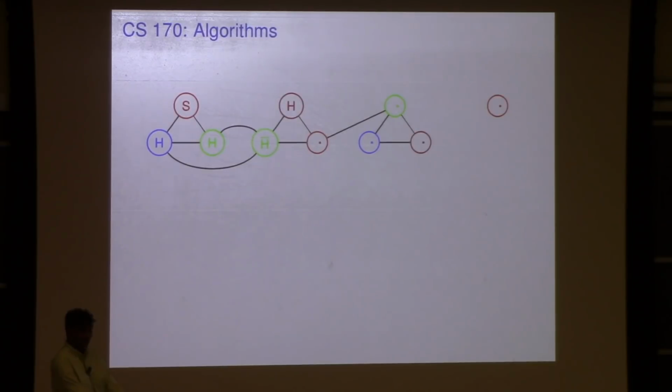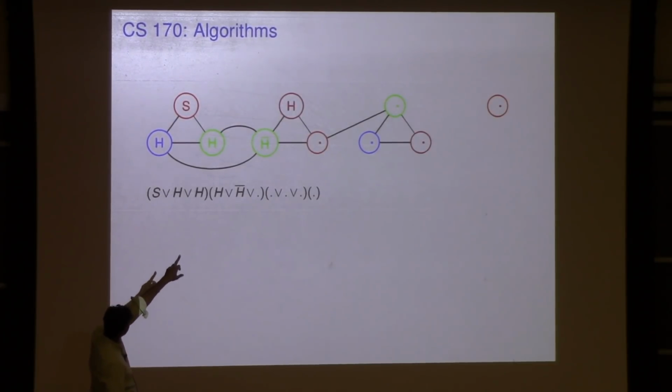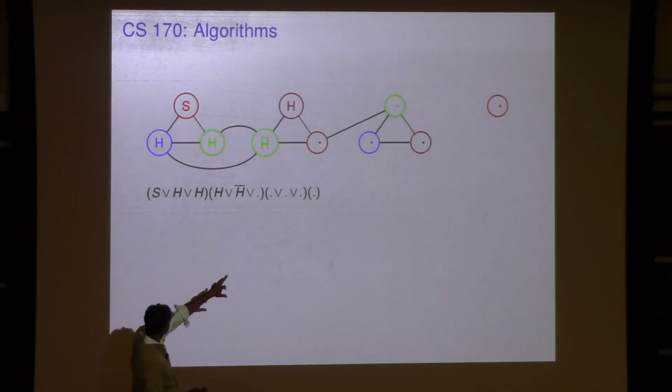It's both 3-SAT and vertex cover, because they're the same problem, right? So either one works. This is like the clause with S or H or H. You should actually have different literals, but that's okay. H or not H, and a lot of not H, and then dot, dot, dot.